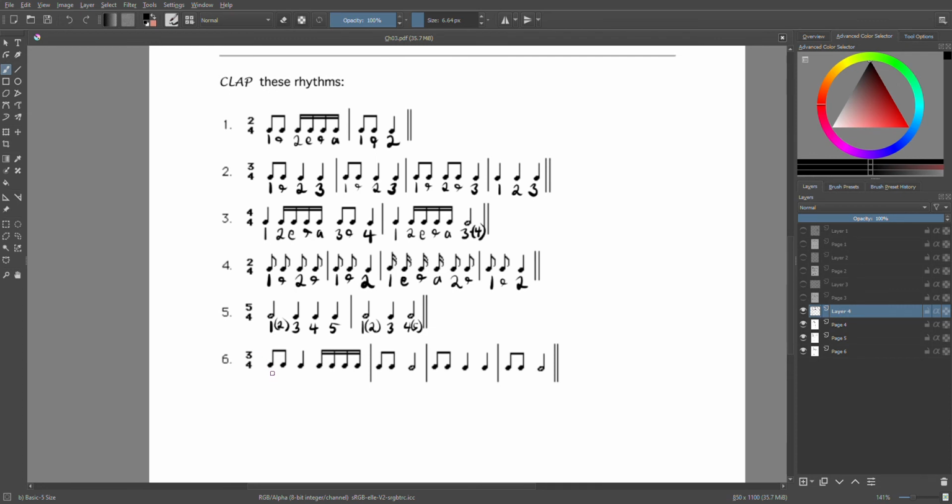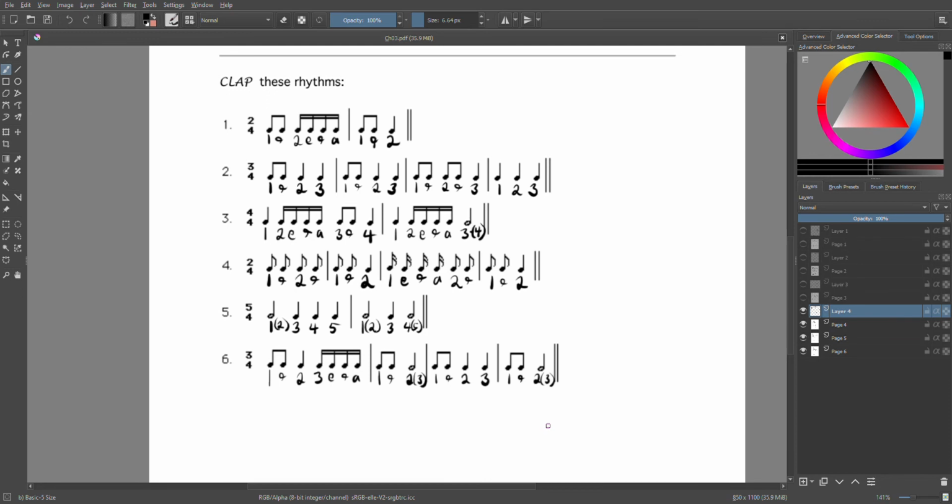3 beats per measure. And 1 and 2, 3 E and a. 1 and 2, 3. 1 and 2, 3.